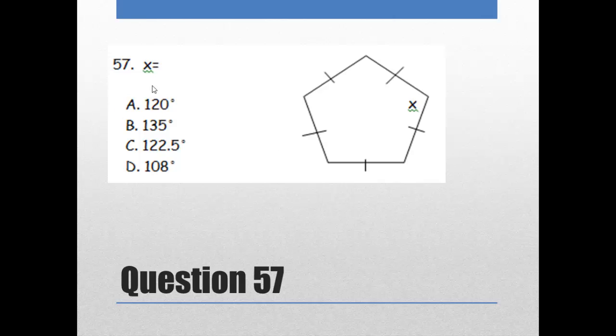Number 57. This is a regular pentagon, so I know that all of these angles are the same. So if I want to find one of them, I need to know the sum of all of them. So I use the formula n minus 2 times 180. And then when I know all of them, I can divide it by the number of angles there are. So since this is a pentagon, N is 5, so we do 5 minus 2 times 180, divided by 5.